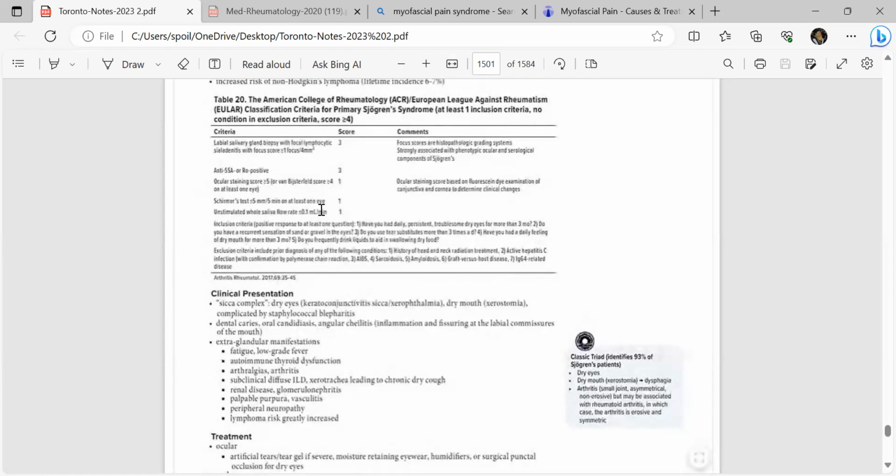Let me see. Okay, it's lymphocytic with a focus score greater than 1 per 4 millimeter square, I think so. Focus scores are histopathological grading systems strongly associated with phenotypic, ocular, and serological components of Sjogren's.